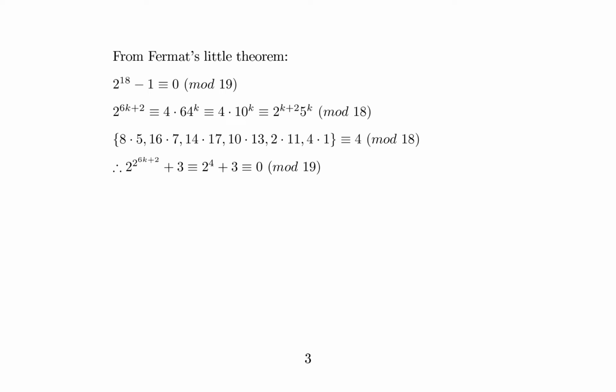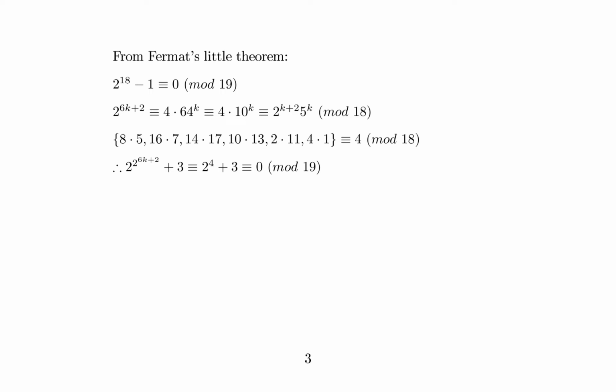Reducing that to mod 18 would be 4 times 10 to the power of k. That's 2 to the power of k plus 2 times 5 to the k. Now, calculating all the possibilities, which are written in the first line here, we get that for all non-negative integer k, 2 to the power of k plus 2 times 5 to the k mod 18 is equal to 4.